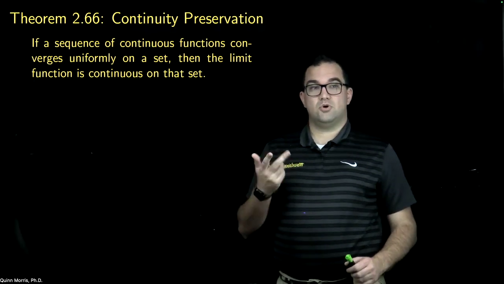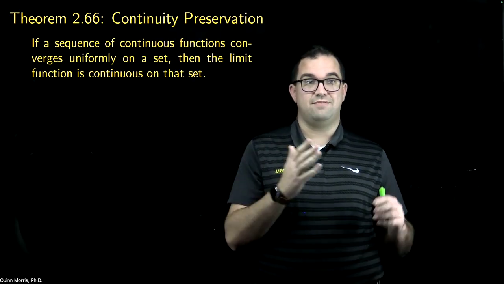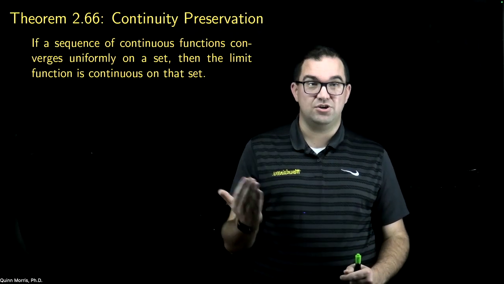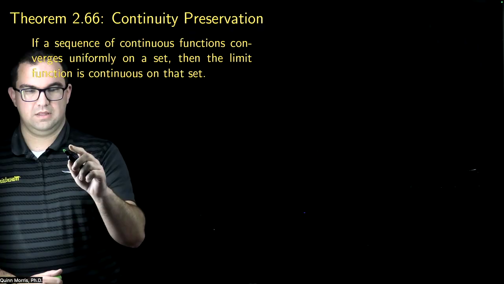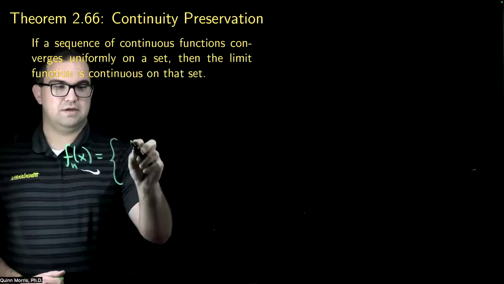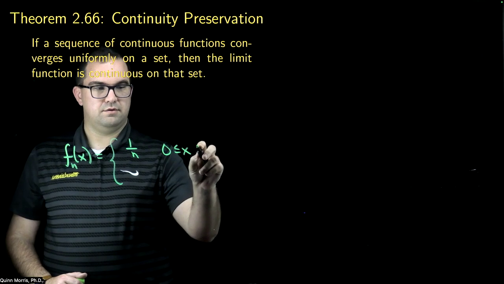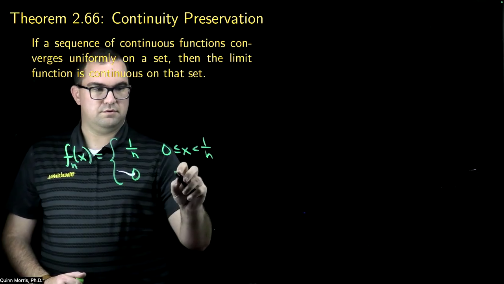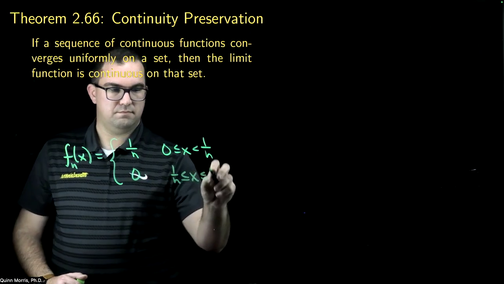Okay. It's also worth noting that this doesn't preclude the possibility that you have a sequence of discontinuous functions that converge to a continuous function. One example would be if you take the sequence of functions f sub n of x is, say, 1 over n on the interval from 0 to 1 over n, and 0 relative to 1.